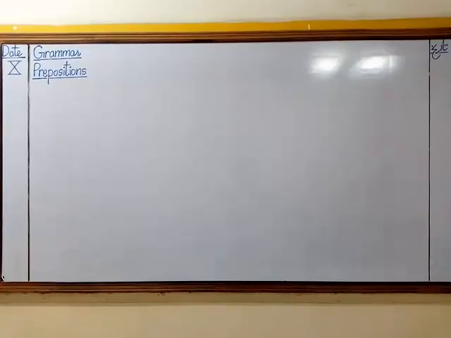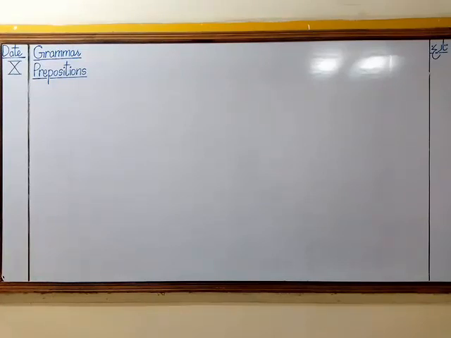So my brothers, what are prepositions? Let me tell you first, there are 9 parts of speech. I am just reminding you of these. Otherwise, you have studied them in classes 6, 7 and 8 already, and partially you have studied prepositions in class 9 too.